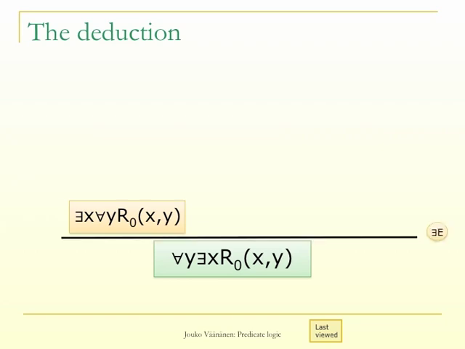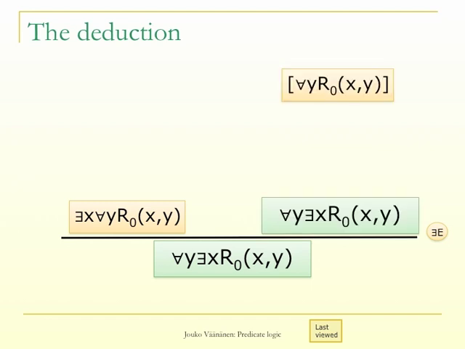If we use the existential quantifier elimination rule, then we can make a temporary assumption in which we pick an x. And we have the temporary assumption ∀y r0(x,y). And from that we should try to derive the blue formula ∀y ∃x r0(x,y). This is how the existential quantifier elimination rule works. So now we move to the question how to derive ∀y ∃x r0(x,y) when we know ∀y r0(x,y).